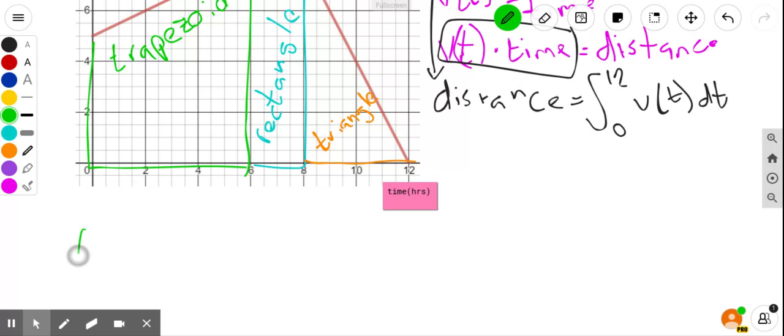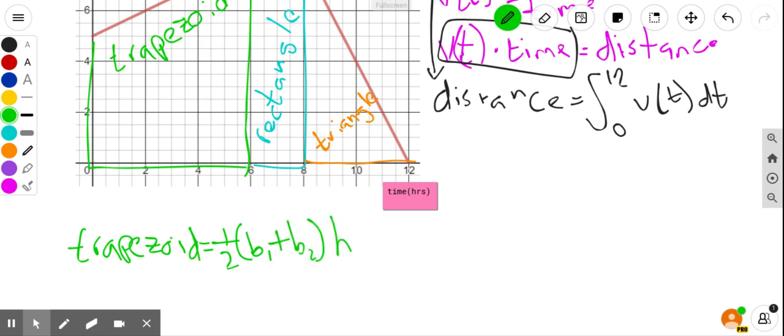So let's start with the trapezoid. Here's the version of the equation I know. It is 1/2 the sum of the bases multiplied by the height. Right? So what I'm going to consider base 1 is from here to here.